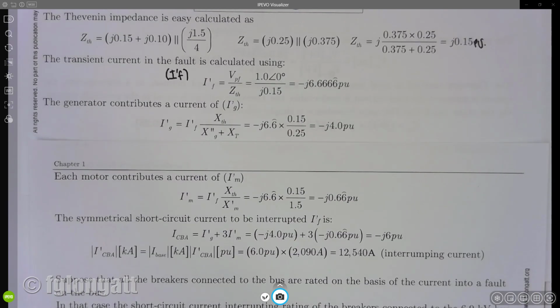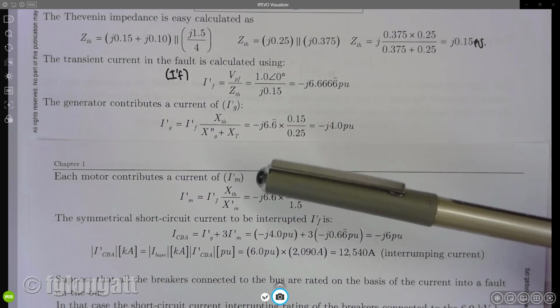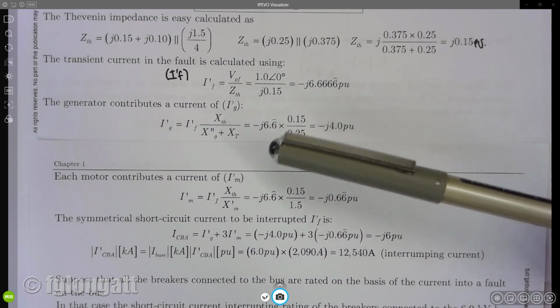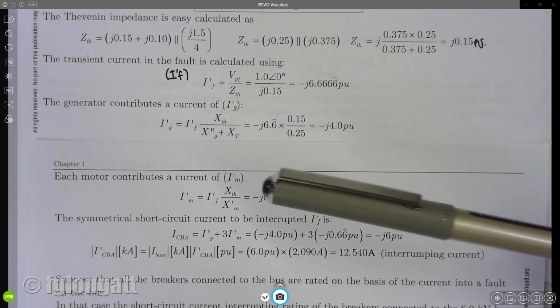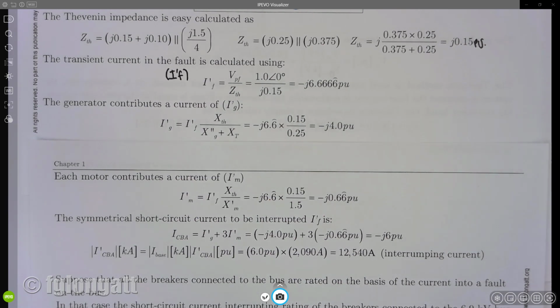Now, what we need to do is something similar for the motors. Okay. You can use the equation that I showed you before regarding the current divider rule, and you will get that the current contribution during the transient period is 0.66. Okay.